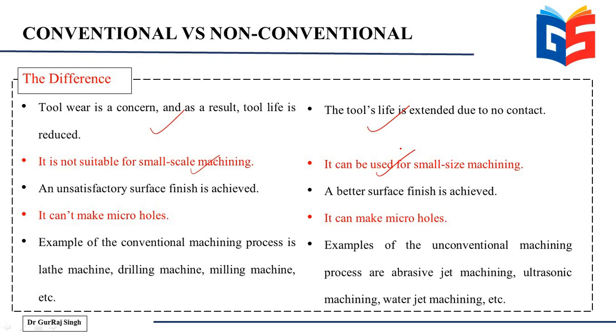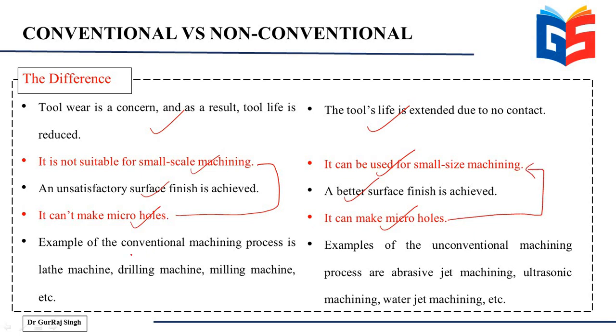For example, you can drill micro holes using non-traditional machining. Unsatisfactory surface finish is achieved in traditional machining, but the non-traditional methods give a much better surface finish. Traditional machining cannot make micro holes, which is pretty much related to this point, but non-traditional methods can make micro holes.